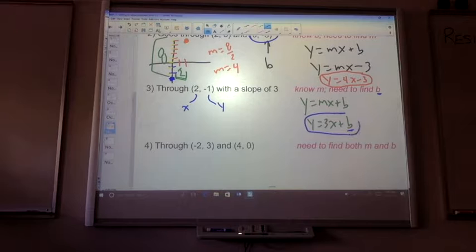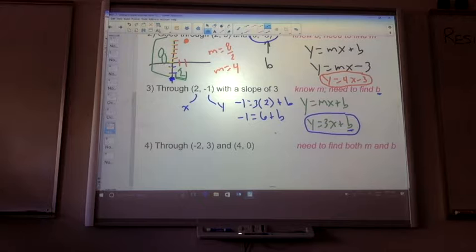So, I think you nailed it. So, my y value up there is what? -1. So I get -1 equals, my slope is what? 3. My x value is what? 2. And then plus b. 3 times 2 is? 6.